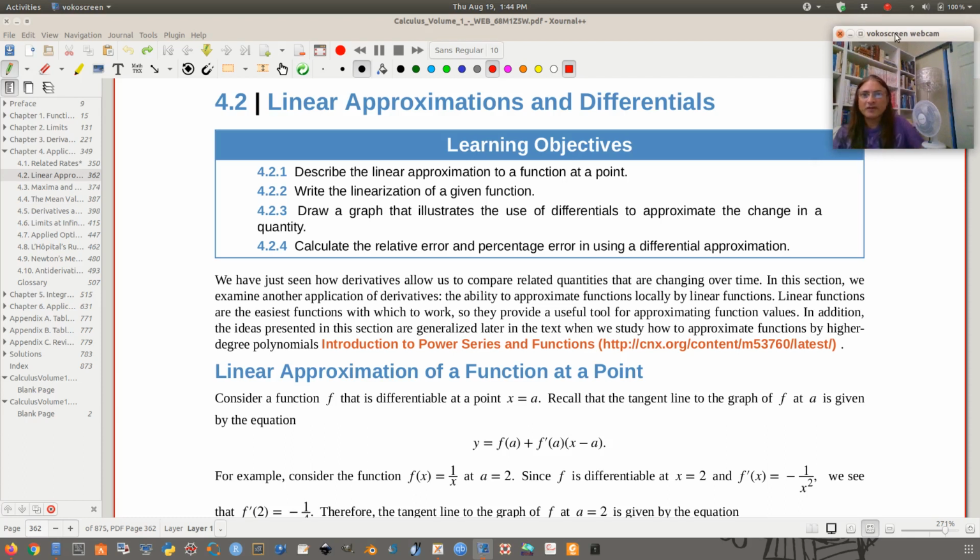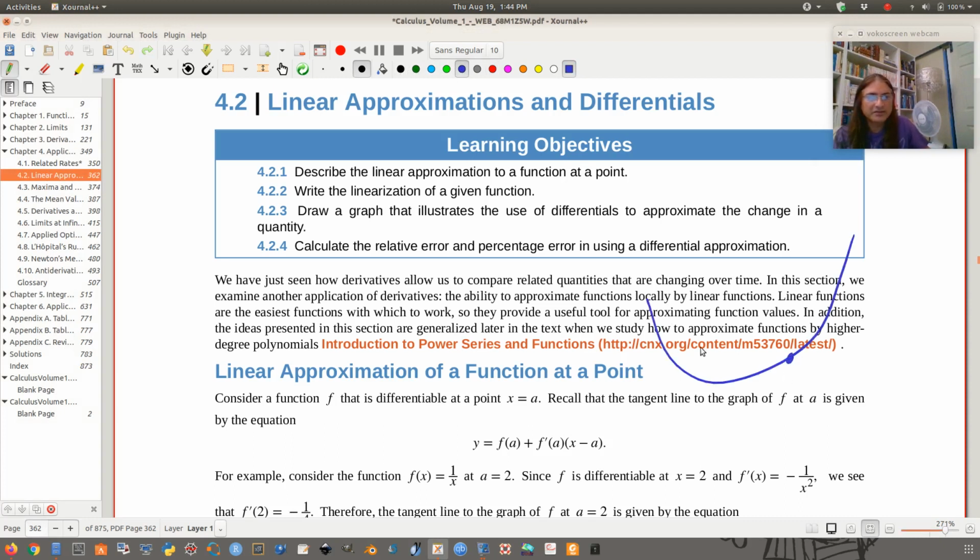We have seen already that if you have a function and, at the point x equals a, you want to approximate the function at x, you could use the tangent line as the approximation of the function at this point.